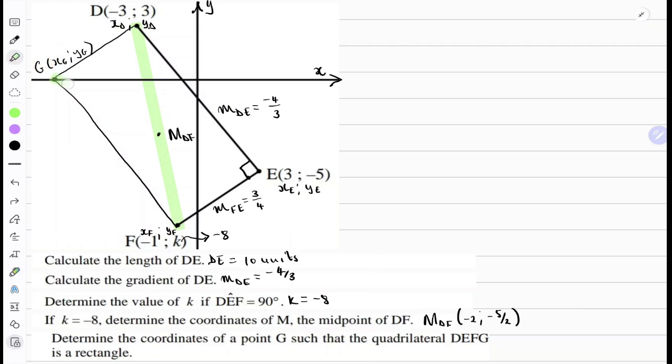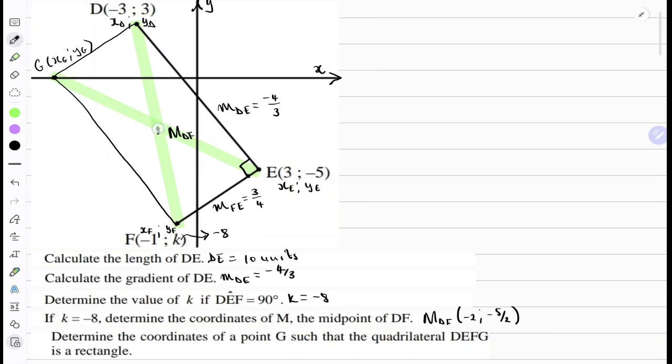That is, the diagonals of a rectangle bisect. So that means when they say bisect, it means they meet halfway in the middle. So it means they share the same midpoint. Diagonal DF and diagonal GE share the same midpoint.